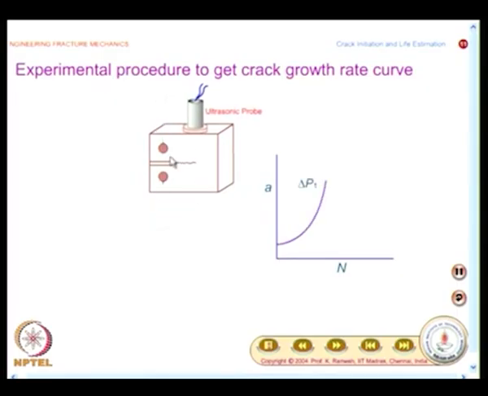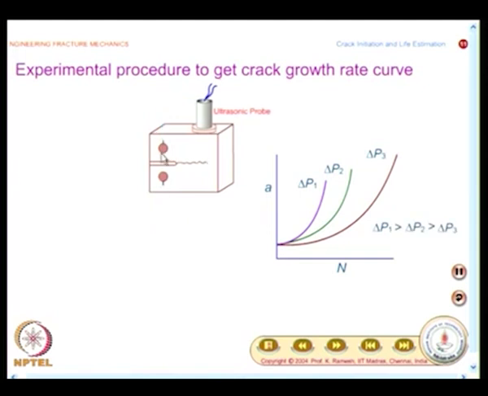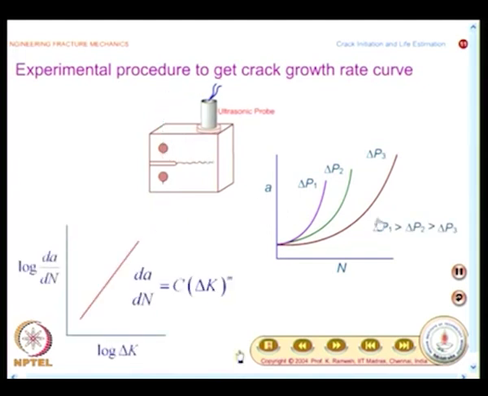You take a specimen which is subjected to cyclical loading, it goes to 0, it does not reverse, and you monitor the rate of crack growth. So, from this data find out the constants C and m based on the experimental result and represent the crack growth rate in this form, dA by dN curve.